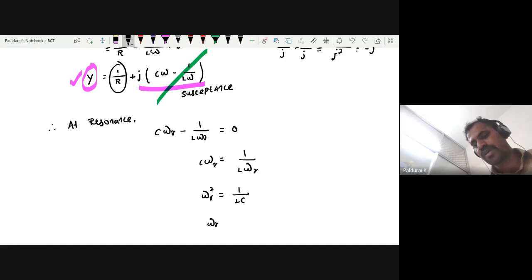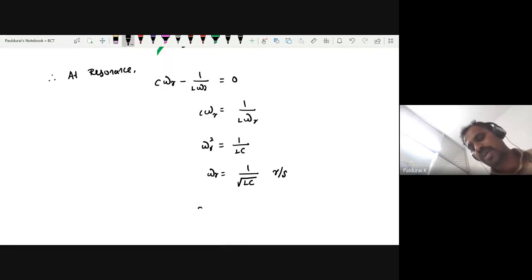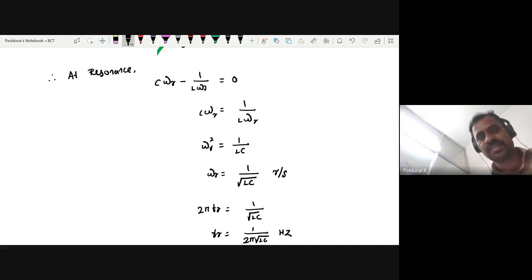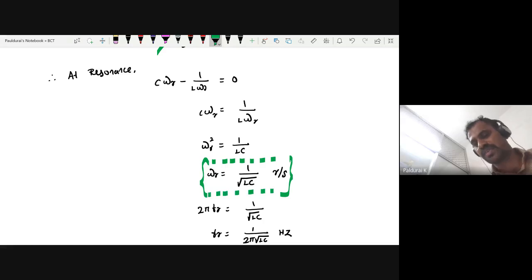Therefore omega r equals 1 by square root of LC radian per second, the same formula we got for series resonance. Here omega r equals 2 pi fr, so fr equals 1 divided by 2 pi square root of LC in hertz. So for circuit 1, it is the same formula we got in series resonance.